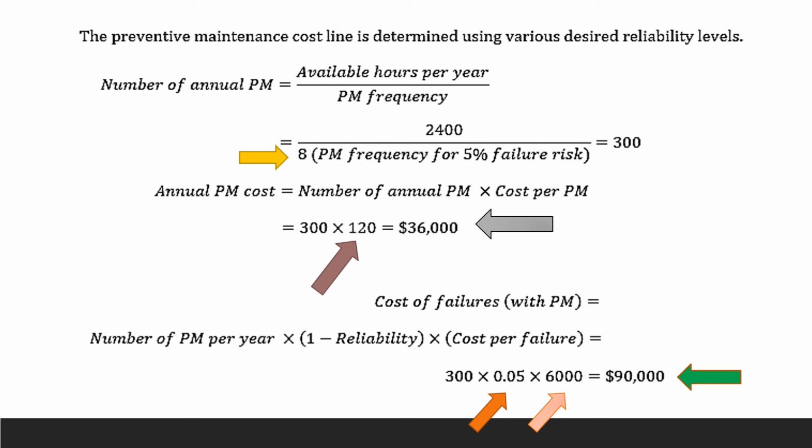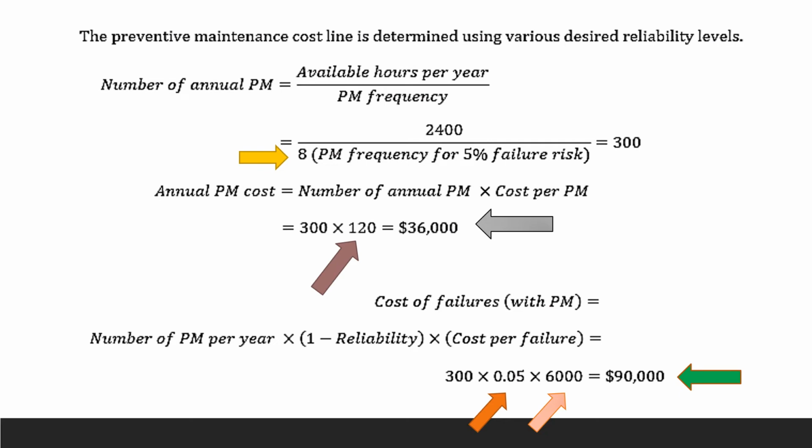So the cost of failure with preventive maintenance: the number of PMs per year, 300, times 1 minus reliability, which is 0.05, or 5%, and the cost per failure, where one failure to repair or maintain is $6,000.